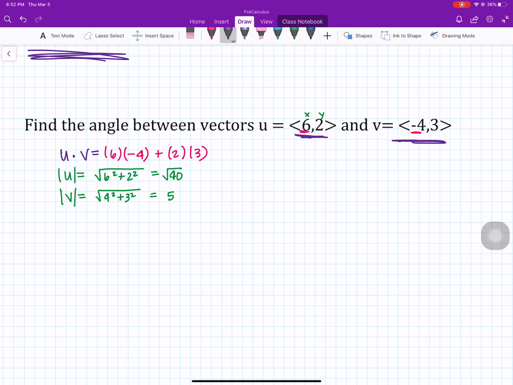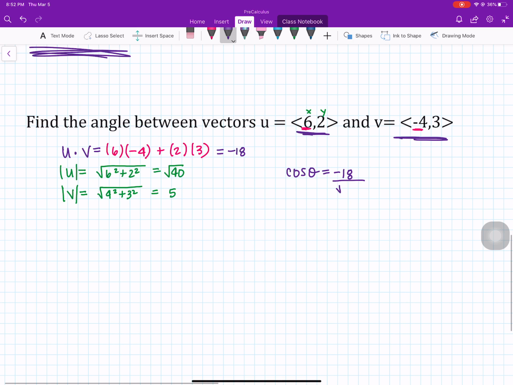So now we follow our formula. We have the cosine of theta equals u dot v. So that's this, which is 6 times negative 4 plus 6, which we have negative 18. Over our magnitudes.